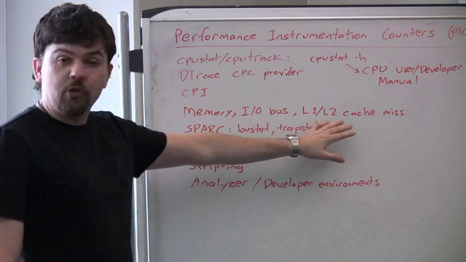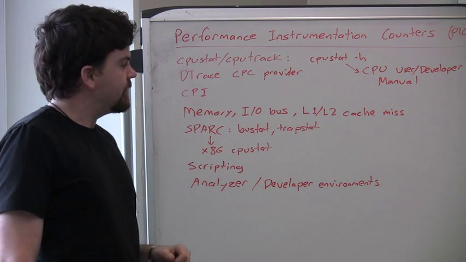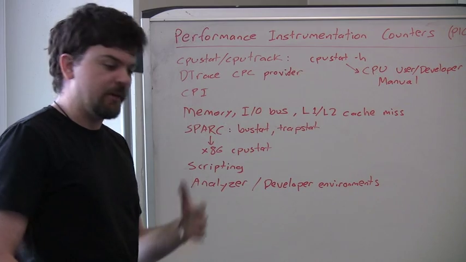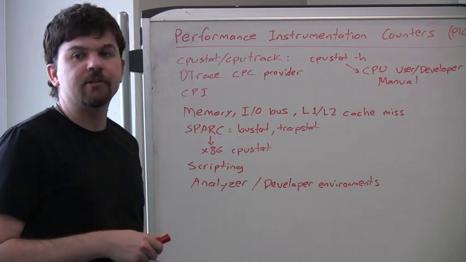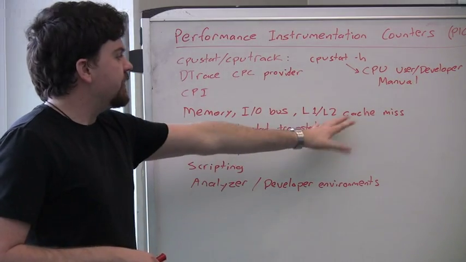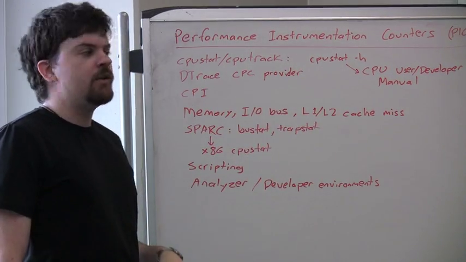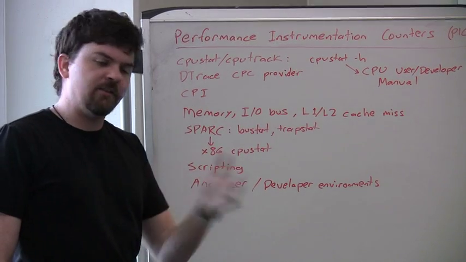Another thing that you can use performance instrumentation counters to measure is the L1, L2 cache miss rates for the on-CPU level 1 and level 2 cache. You may have a level 3 cache as well. Most CPUs will have these PICs. You can look at the ratio of how many hits you have to misses.